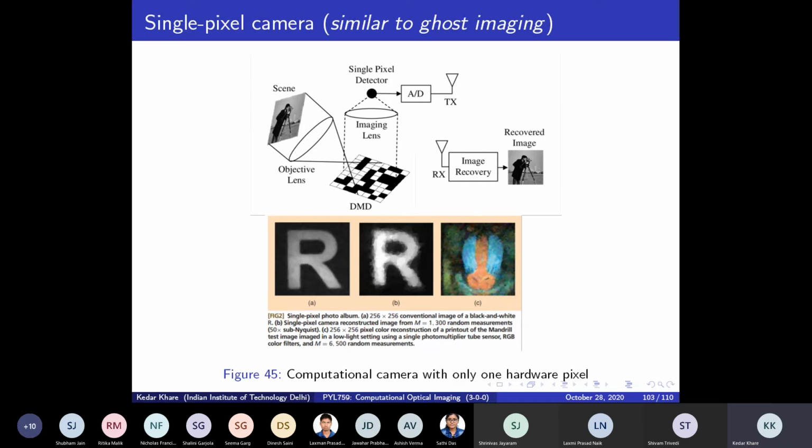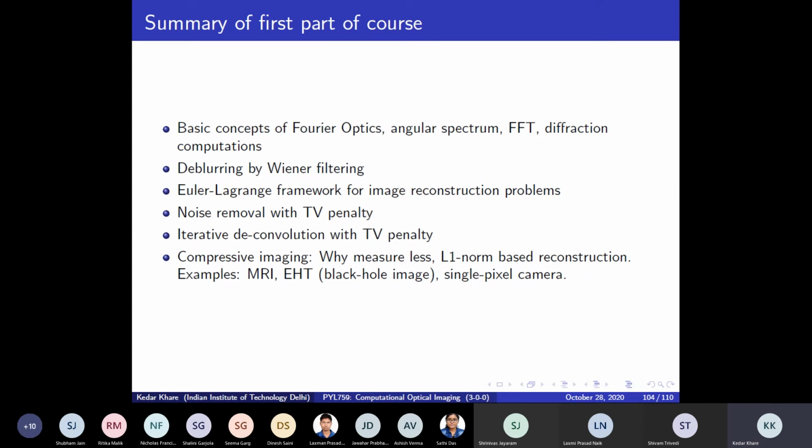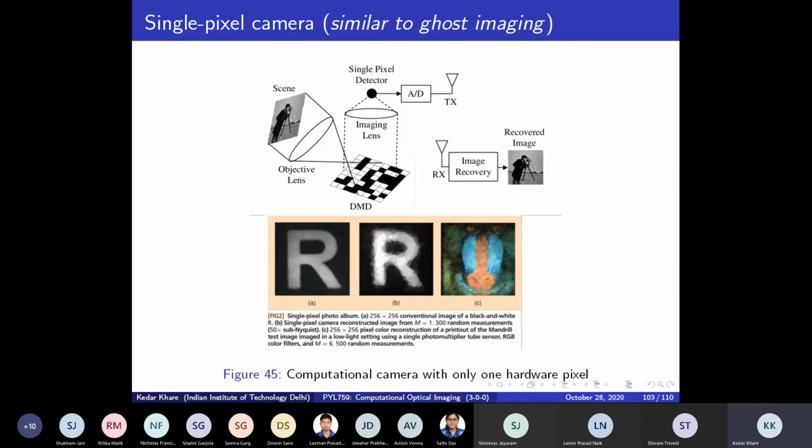So as a summary, yes. For the part you are teaching, like the last three lectures, is there any reference that we can get more insight about these topics? I have already put 3 papers online, which explain the MRI problem, the black hole problem, and a tutorial on compressive sensing.